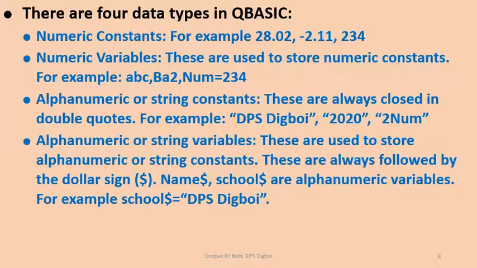So whenever you see a dollar sign at the end of a variable name, you should think of an alphanumeric variable, and an alphanumeric variable will always store a string constant. So you have to put it within double quotes.